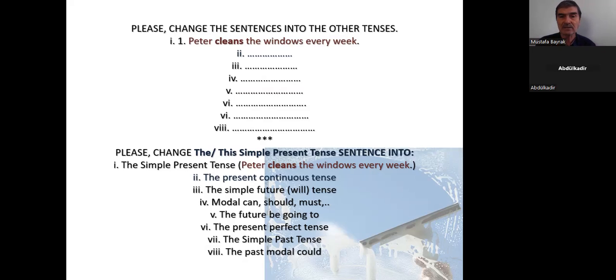And it is clean, they are clean now, the windows are clean now, and Peter is tired, okay? We see the evidence of doing that job. It is clear evidence because the windows are very clean, and Peter is tired.